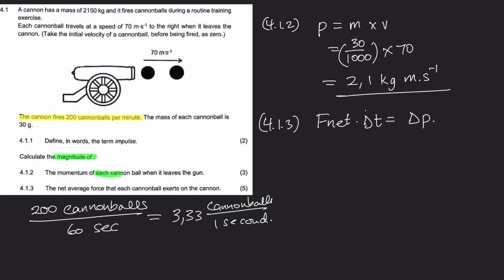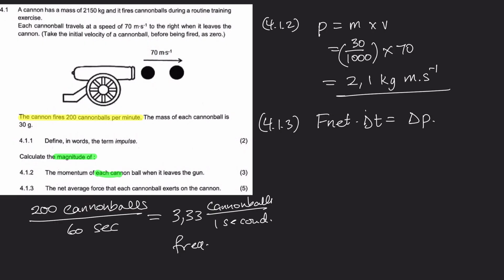This is actually frequency. But we're not interested in the frequency. We want to know how many seconds per cannonball. So there's quite a big difference here.